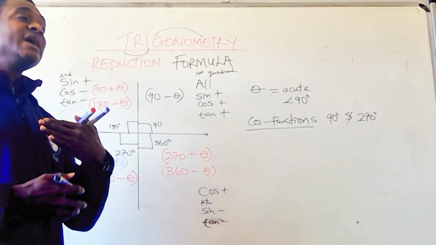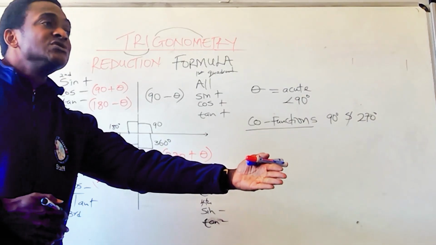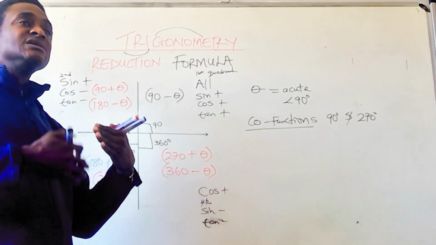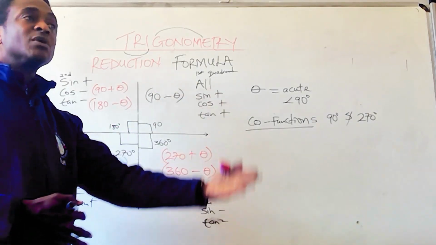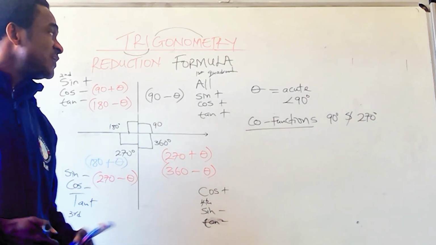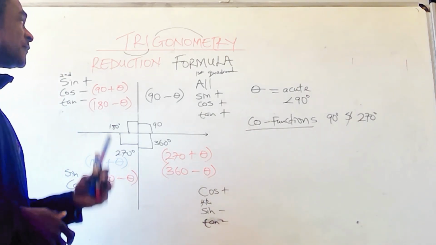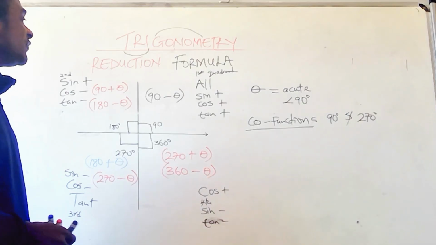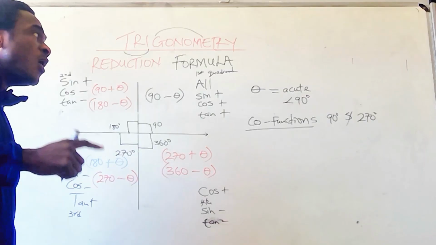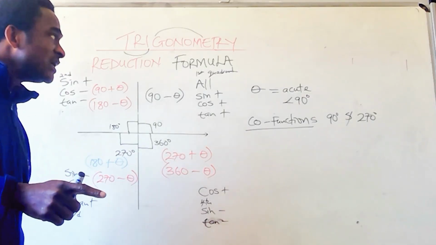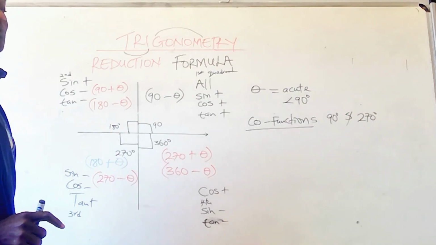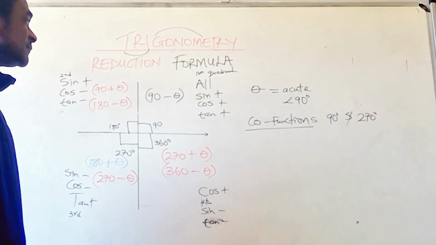The cofunction means they produce a value for what the other trigonometric identity had. That means the cofunction of sine can become cos. The cofunction of tan can become what we call cot, which is a reciprocal of tan. So they produce what they have on the other side. So for cofunctions, we'll explain later more details when we go into solving the problems proper. But for now, let's give the foundation.